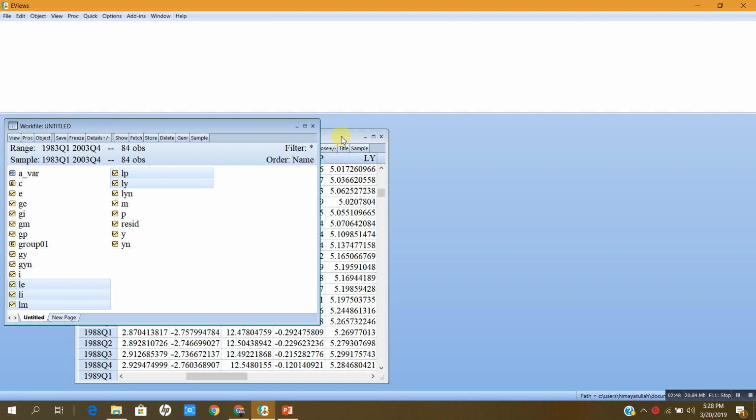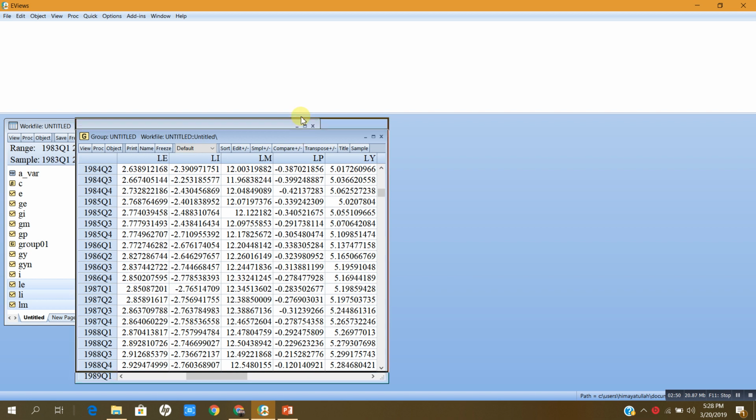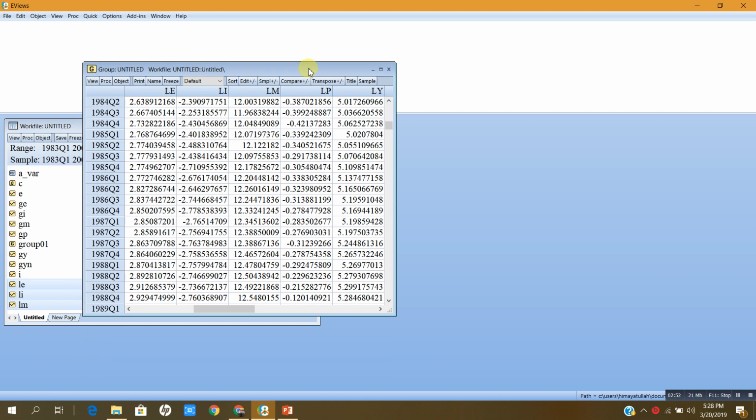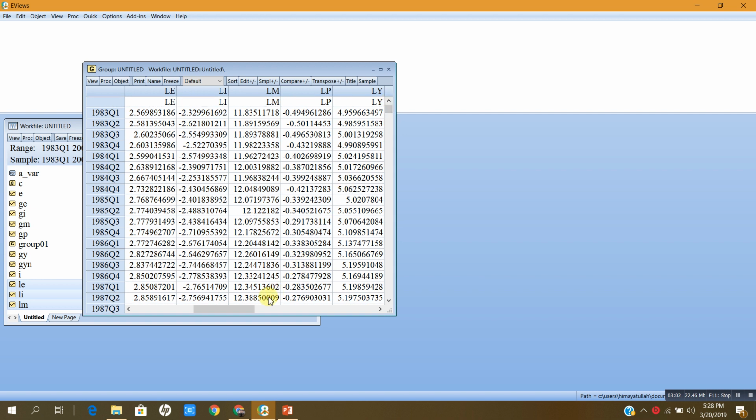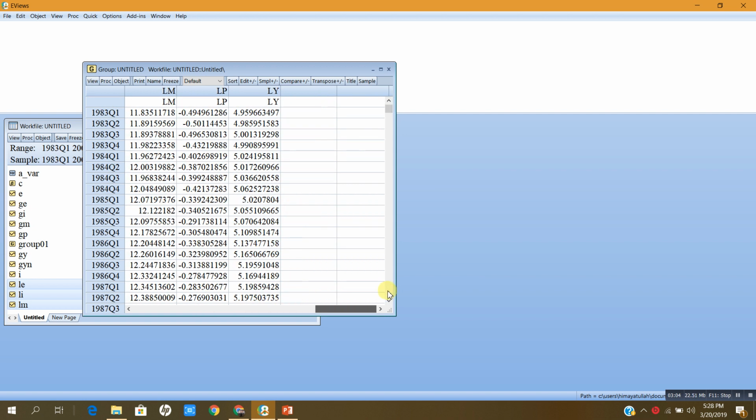So first of all, I will check stationarity of these variables. So let me first start with the LY. LY is my dependent variable, that is the natural log of GDP. So this is real GDP.